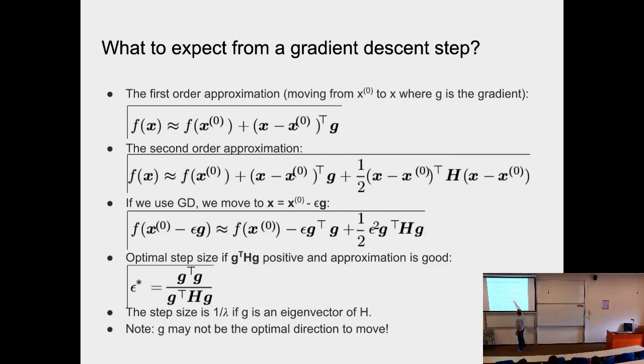After the first order, we also have this second order term, 1 over 2 (x minus x0) transpose H (x minus x0), etc. Okay? So this is the second order approximation of f. So any questions about the first two bullet points? Okay.